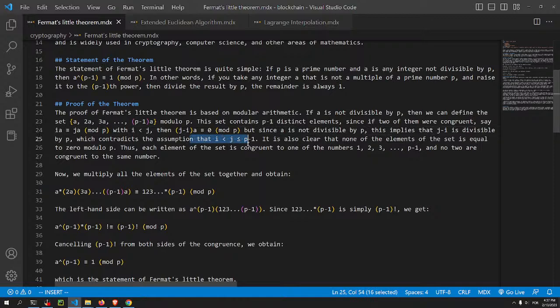Okay, this assumption I get it because this is implied here, and then because there's only p minus 1 numbers, it has to be up to that number, so I understand this part. Which is 0 modulo p. Thus, each element of the set is congruent to one of the numbers, and no two are congruent to the same number.